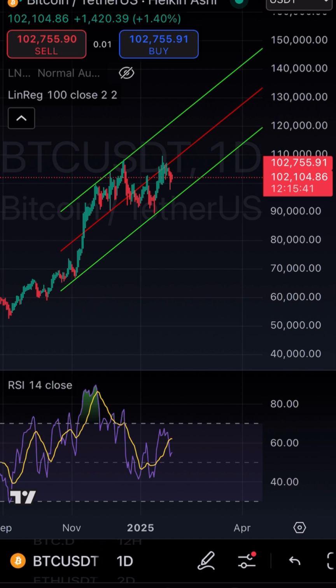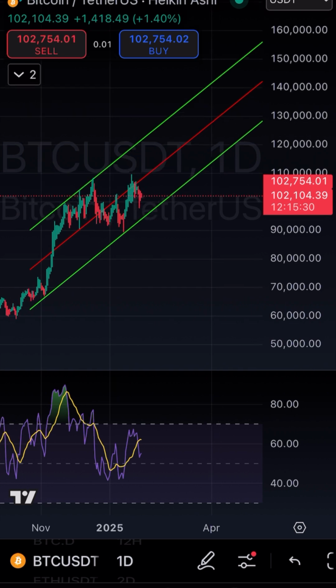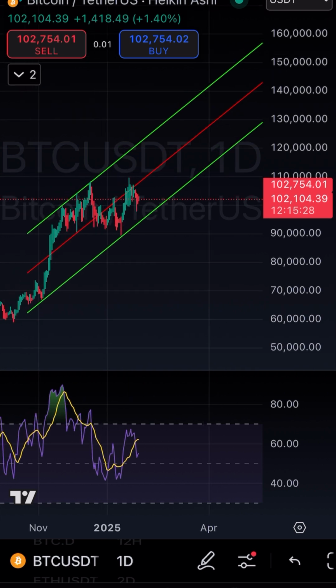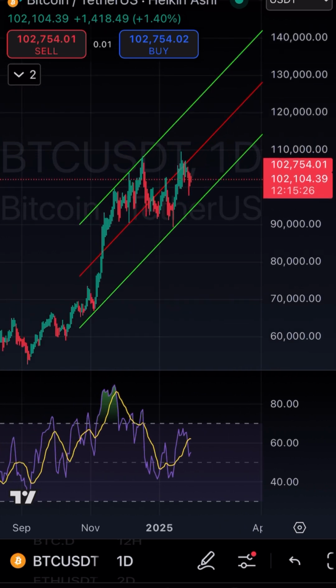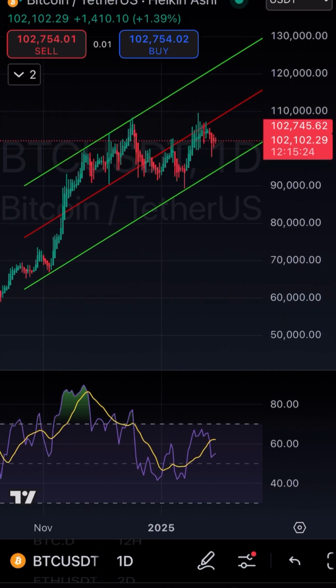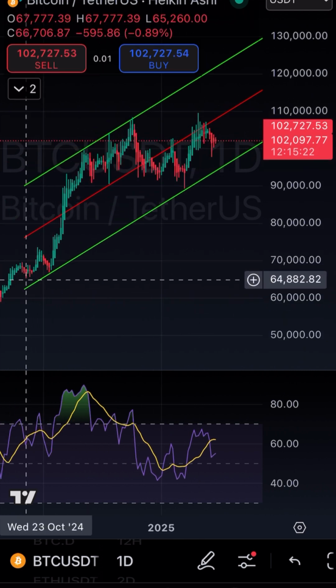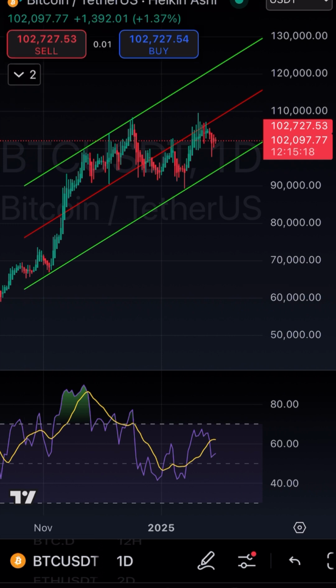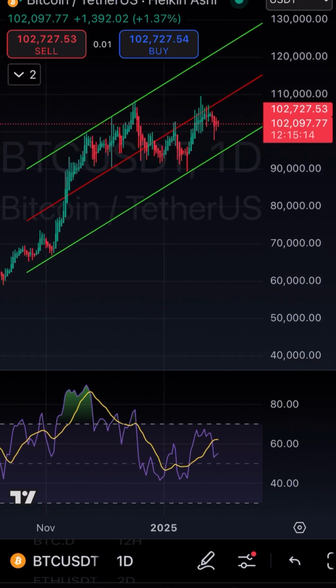And then you need your relative strength index. Once you have this, you want to identify what the overall direction is on the daily. What we can tell from Bitcoin here is that it has been in an ascending channel since October 23rd. These are all day candles.